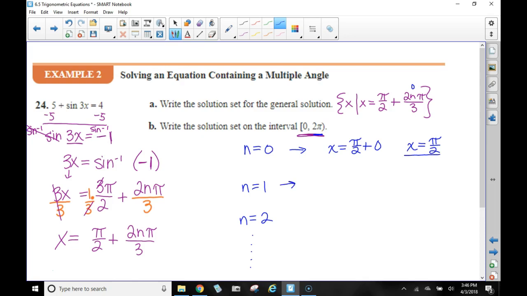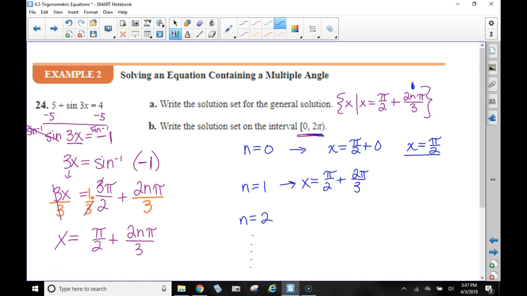Now, when n is equal to 1, our solutions are going to look like x is equal to pi over 2 plus 2 times 1 times pi over 3, or just 2 pi over 3. Now, for this, we are going to need to add some fractions together.